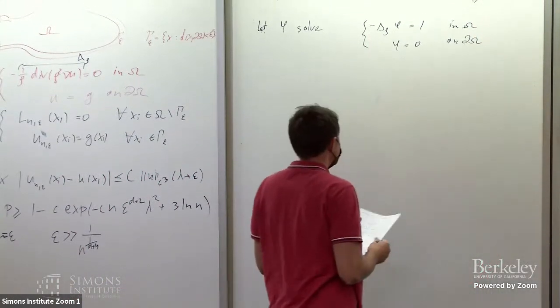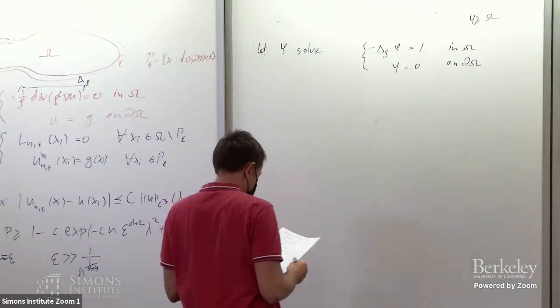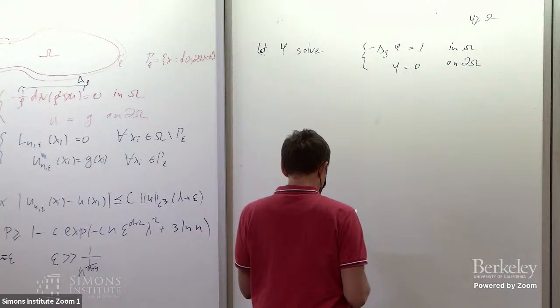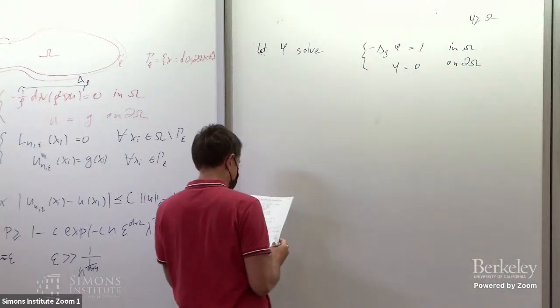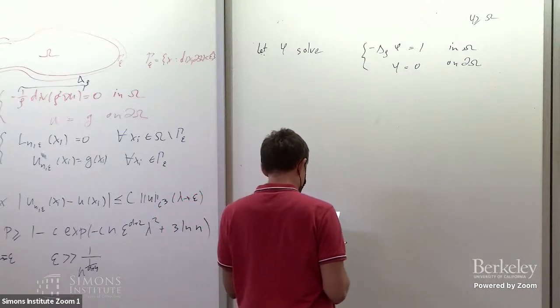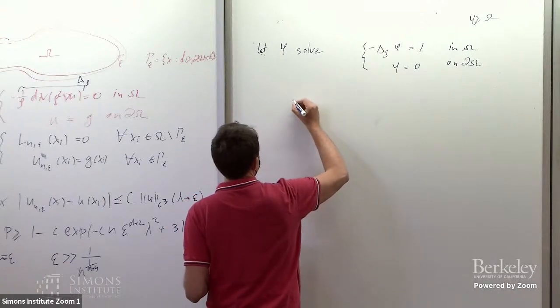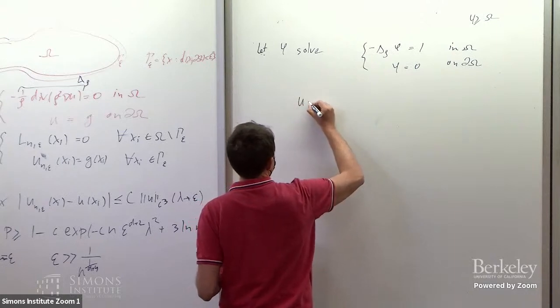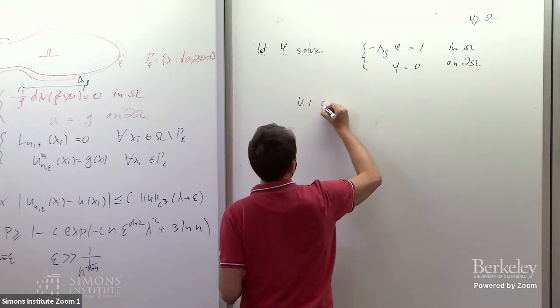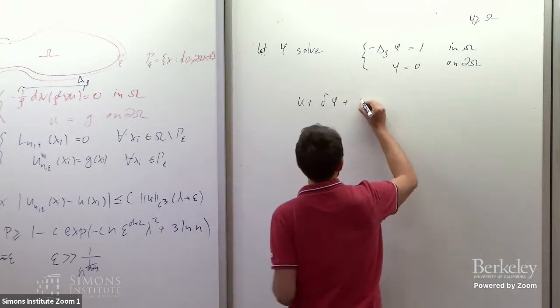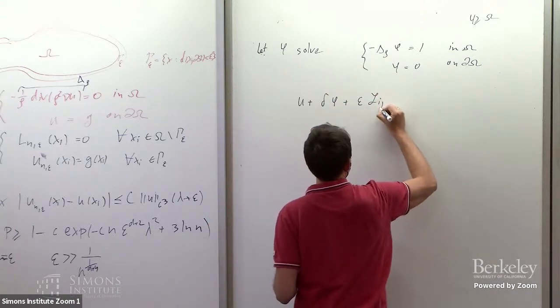Okay, so here is the function that I'm going to be looking at. I look at u plus delta times phi, and then I add some epsilon times the Lipschitz constant of g.